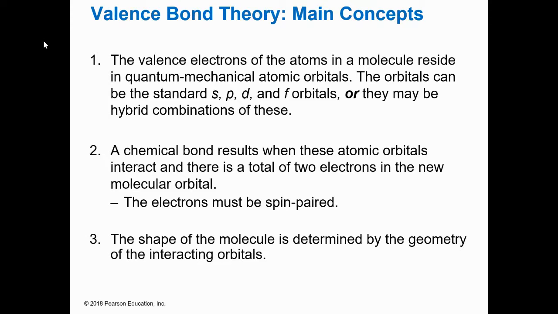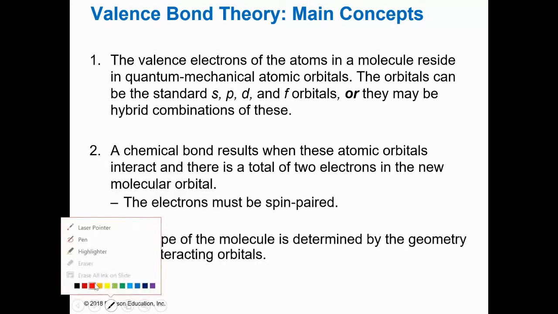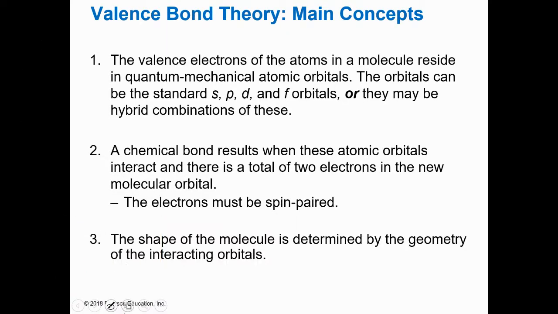So valence bond theory, there's a couple of main concepts that you need to know and understand. The first one is that we know we get these S, P, D, and F sublevels in their fixed main energy levels.